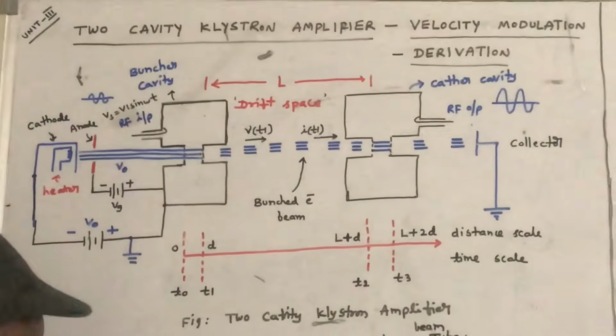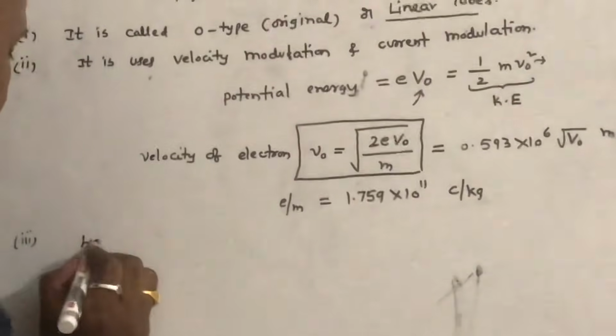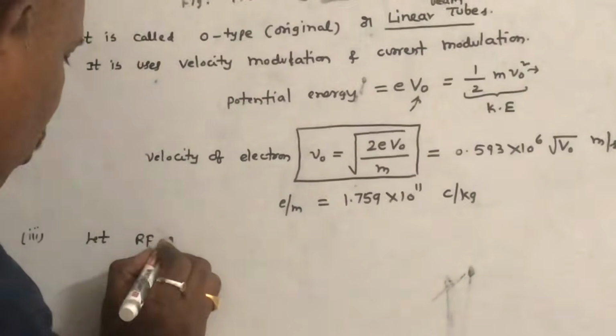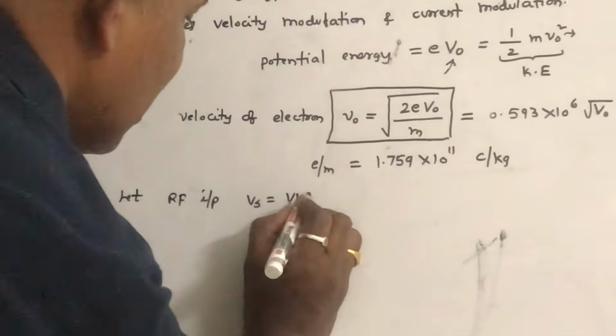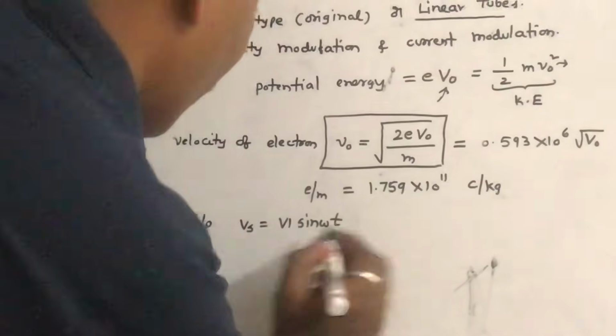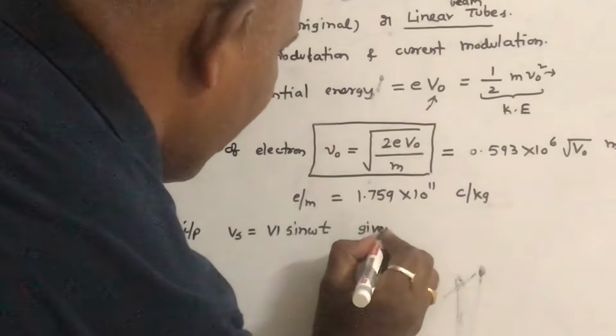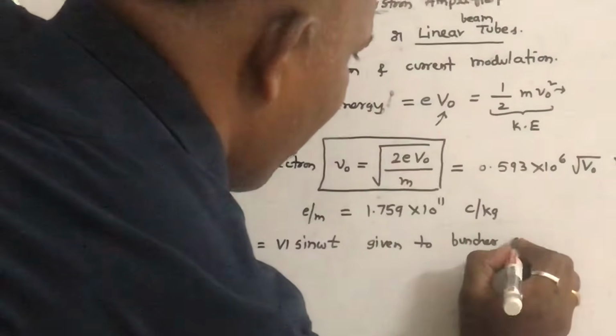Now let us see what signal we want to amplify. Let the RF input be the signal to be amplified: Vs equals V1 sin omega t. This RF input is given to the buncher cavity, the input cavity.